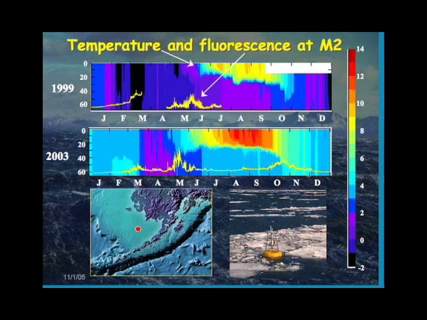And we can see in March and April in 1999 a very striking ice edge bloom, which would be right in this region. And then when it got warmer in 2003, we see that we lost this ice edge bloom, and we now have a normal springtime bloom. So we're losing the ice edge bloom as the ice migrates further and further northward.